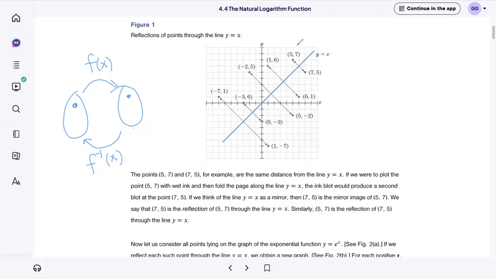So if we have the point (5, 7), the inverse function would have (7, 5), because we're switching x and y. Think of this as the x set and this as the y set. f takes x to y, then the inverse of f takes y to x. That's why you see the positions switched. So those two points are symmetric about the line y equals x.